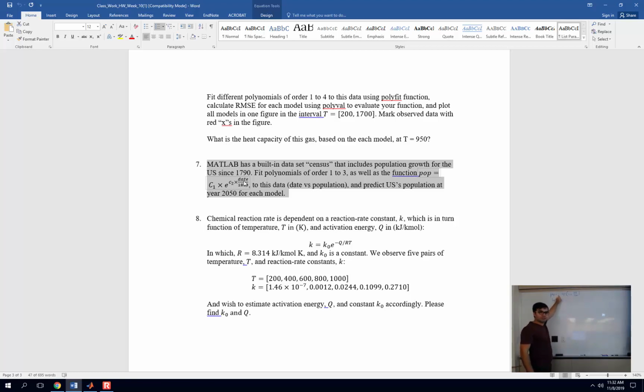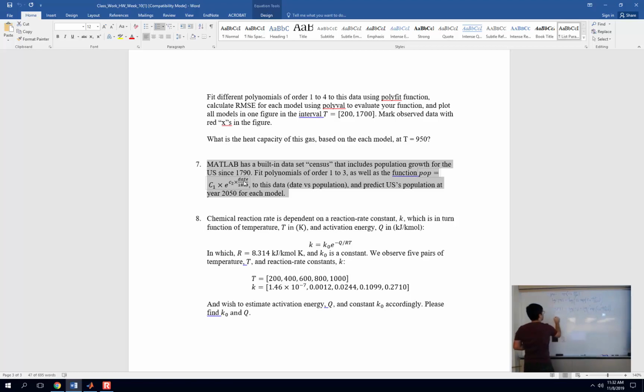That would be log of C1 plus log of exponential of C2 times date over 1800, right? And then log of population is equal to log of C1 plus log of exponential of C2 date divided by 1800.